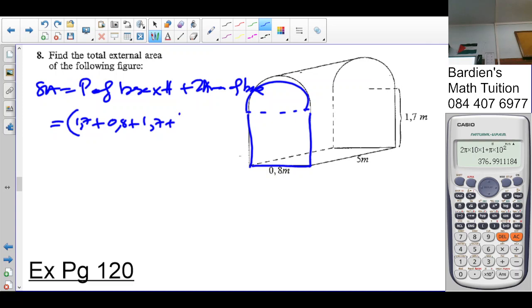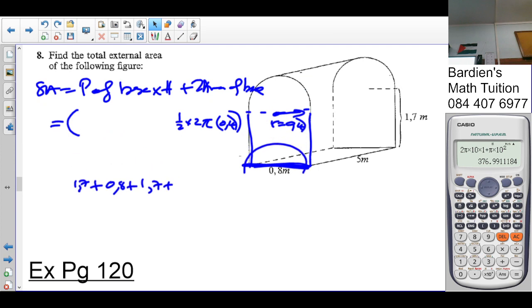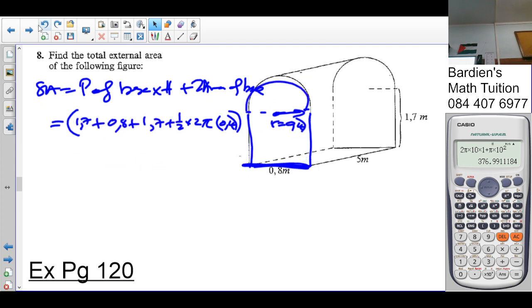So it's a half times 2 pi, and my radius is from there to there. Remember the diameter is 0.8, the radius is 0.4. Okay? You all okay with that? Yeah, I think I must write it neater.